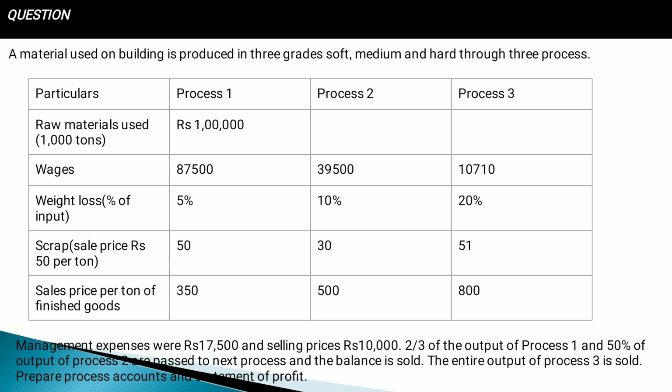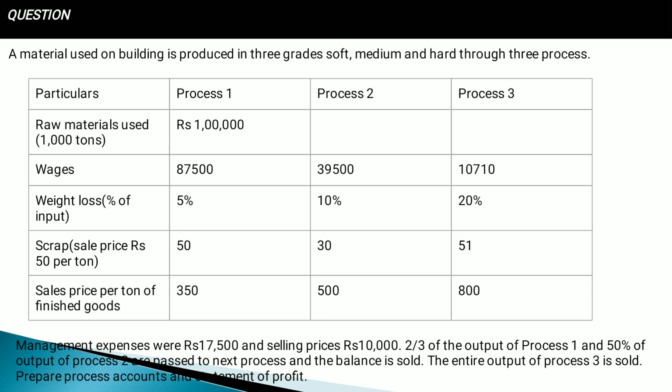A material used in building is produced in three grades: soft, medium, and hard, through three processes. The raw material used is 1000 tons. Process 1 1 lakh, process 2 and 3 nil, wages 87,500, process 2 39,500, process 3 10,750.